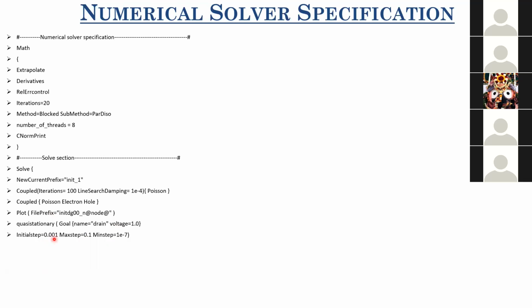If it converges, it again increases the step size by 2 times, and it can go till 0.1. Similarly, if the simulations are not converging, the step size will reduce by a factor of 2 every time till it reaches a min step of 1e-7. If it doesn't converge even then, the simulation will be stopped. It will just skip it.